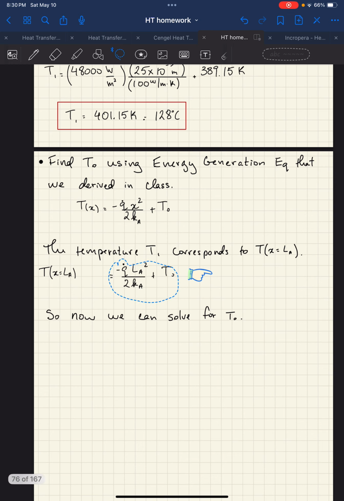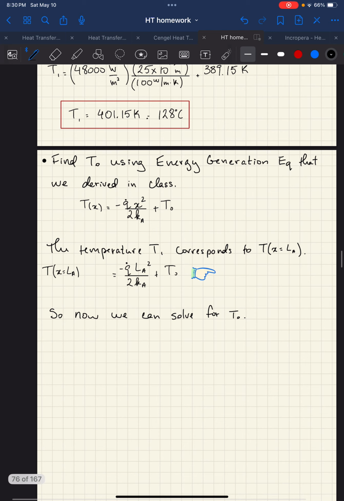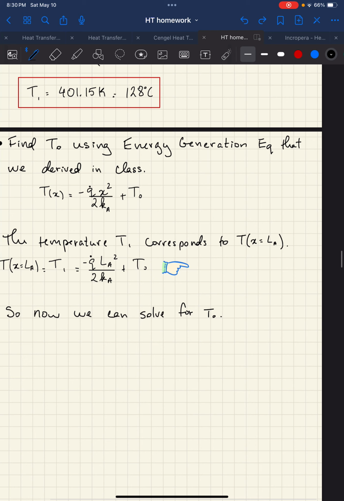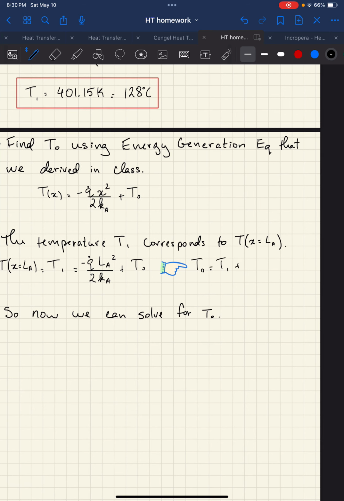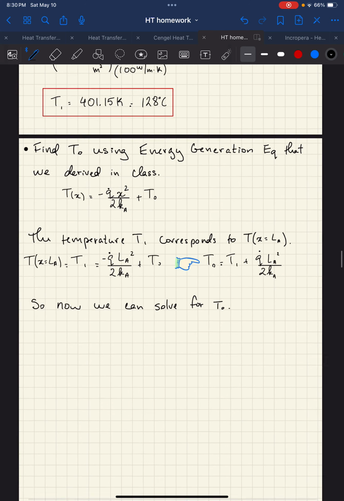T at x equal to LA is actually T1. We solved for it, so we have that number. So now we can solve for T0. T0 is going to be T1 plus Q dot LA squared over 2 K sub A, like that. So now we just plug in our numbers and we're basically done.